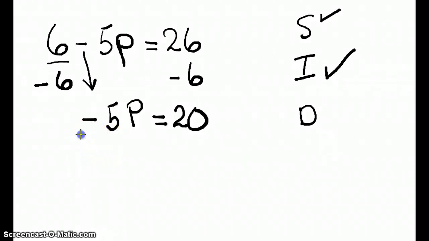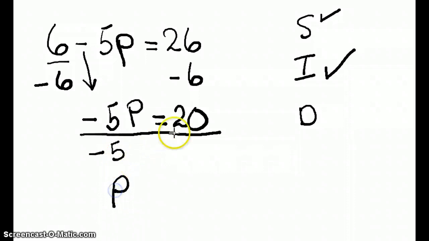Well, what do I have to divide negative 5 by in order to make myself have a positive p? Well, anything divided by itself will give me 1. The coefficient is negative 5. So negative 5 divided by negative 5 is a positive p.